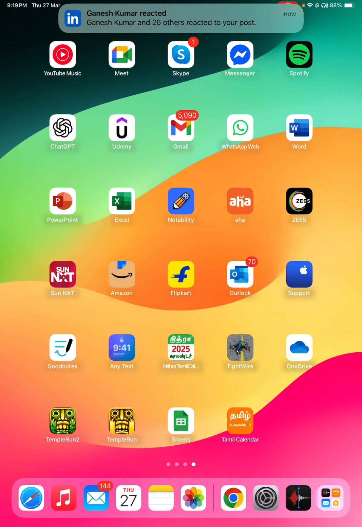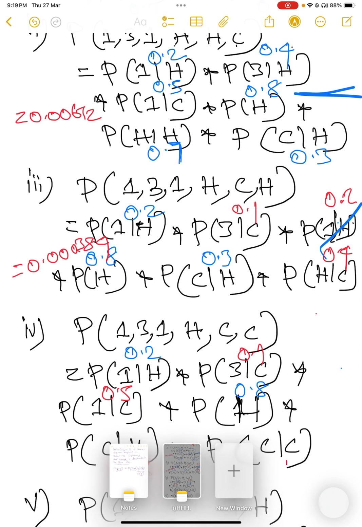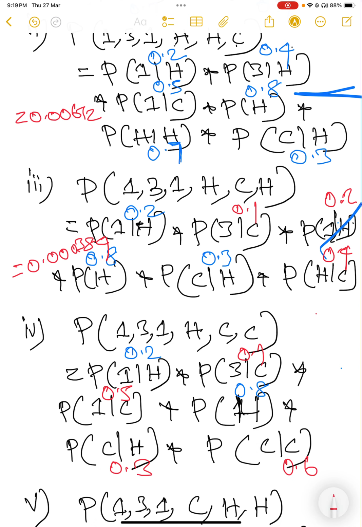It is 0.6. So calculating this, we get 0.2 into 0.1 into 0.5 into 0.8 into 0.3 into 0.6, which is 0.00144.